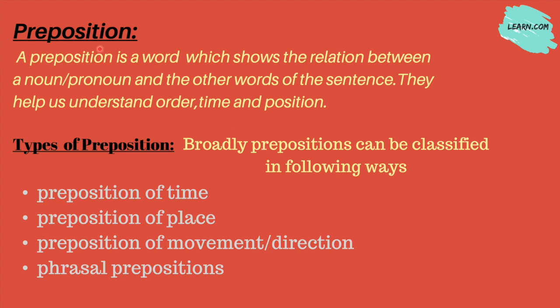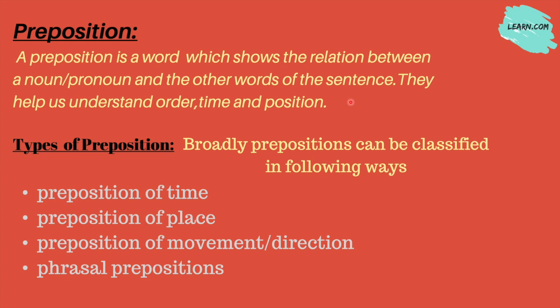Let's first try to understand what exactly a preposition is. A preposition is a word which shows the relation between a noun, pronoun, and other words of the sentence. Means how a noun or a pronoun is used and what relation it has with the other words in the sentence. This relation is defined by the preposition.